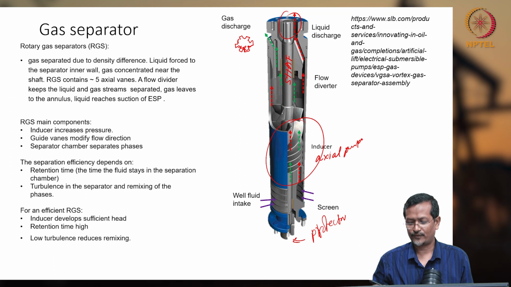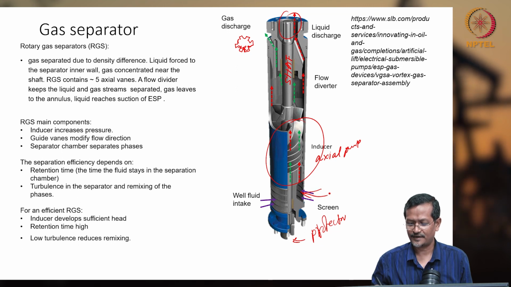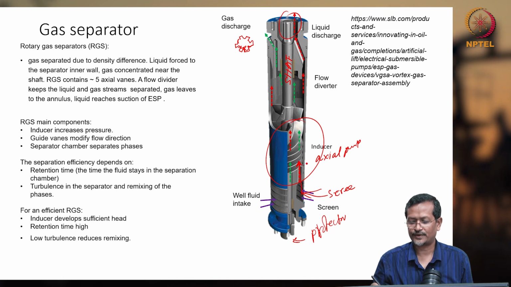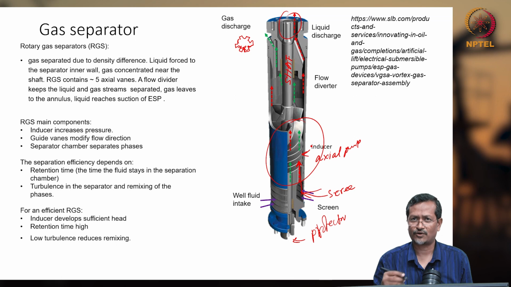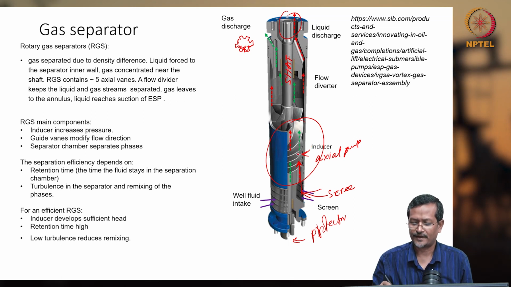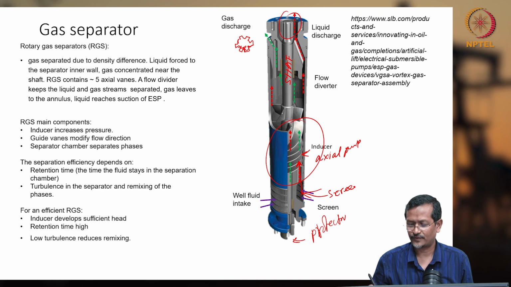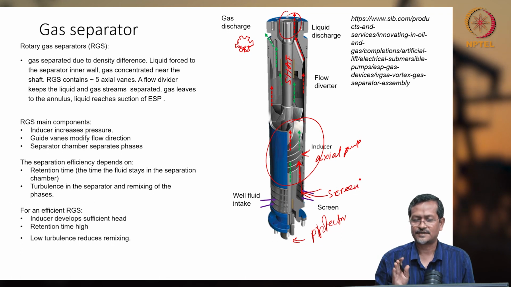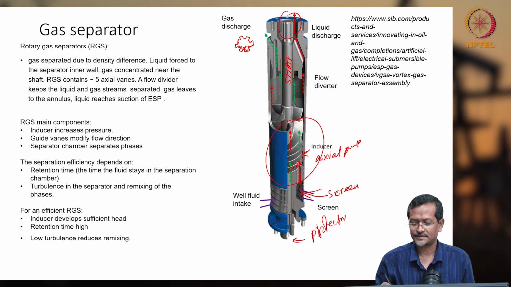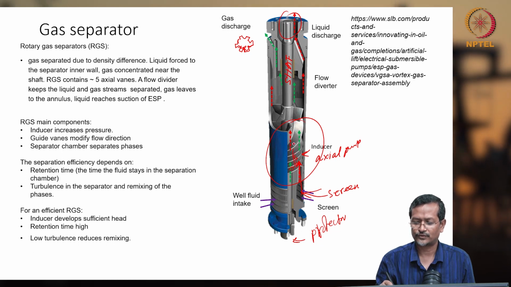Okay, and fluid is entering here through the screen. From the screen it is going out, going through your inducer. The inducer normally will have about 5 blades, with multiphase flow. Gas separator is required when you have lots of free gas, or gas is coming out from your mixture of fluid. So gas bubbles plus liquid will be flowing through this.